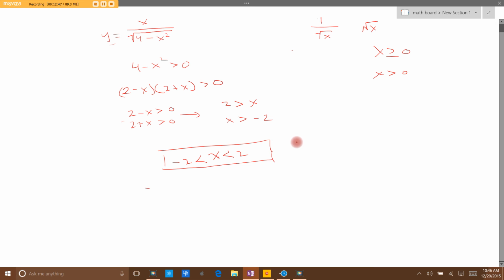And that is our domain for this function: negative 2 to 2, as an interval.